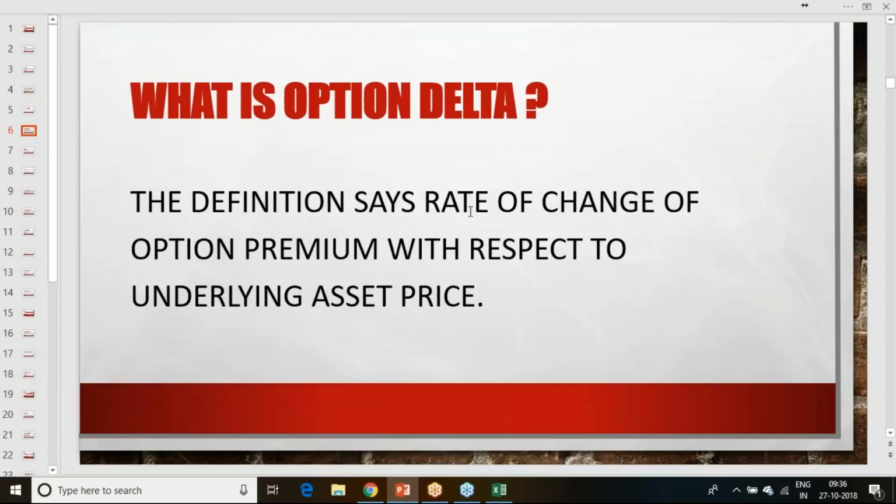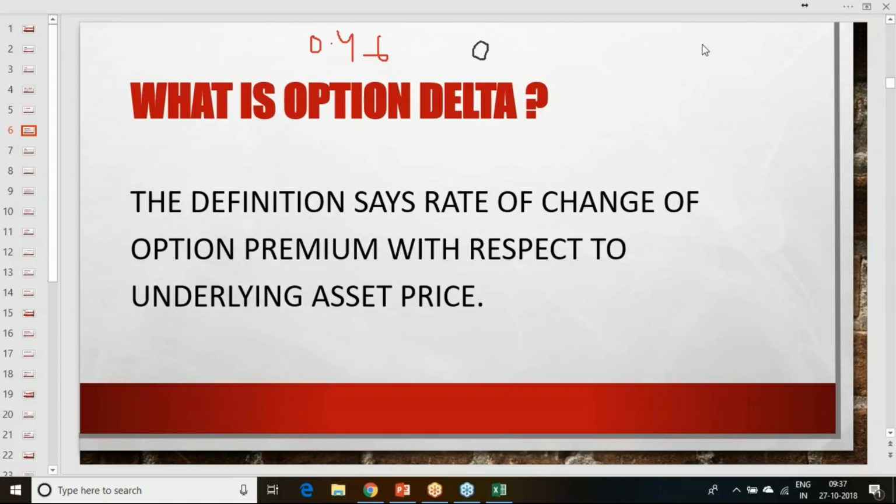Delta says the rate of change of option premium with respect to the underlying asset price. In other words, we have taken the 10,100 strike, and for that strike you are getting 0.46 as the delta.